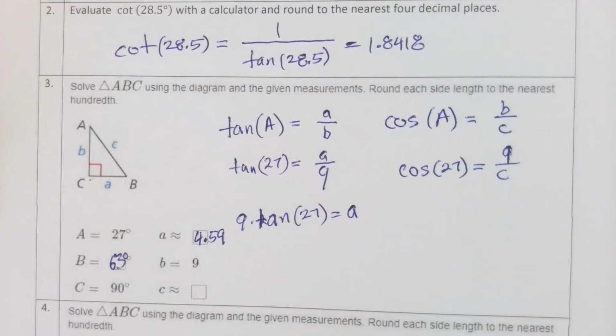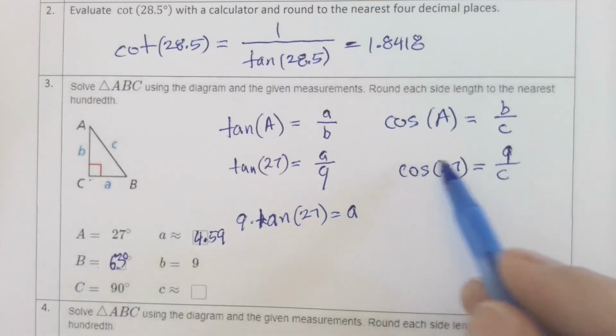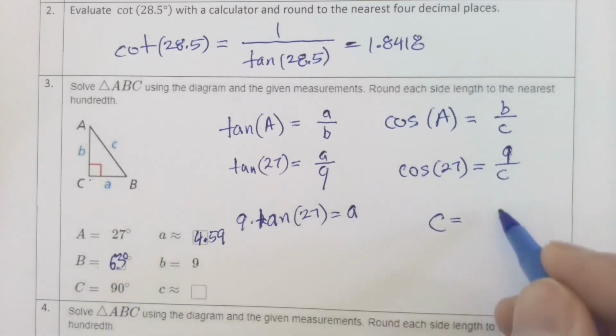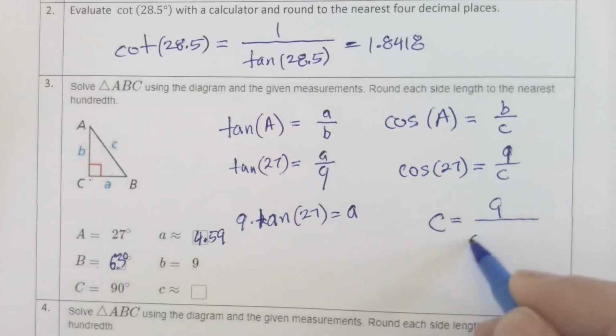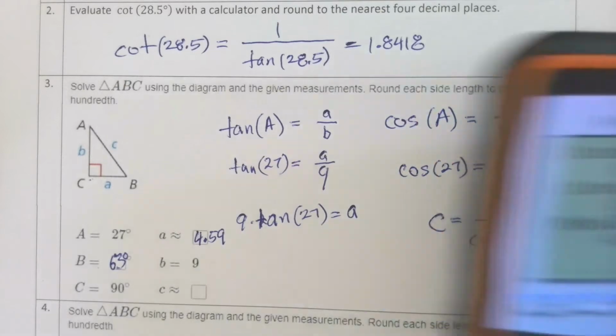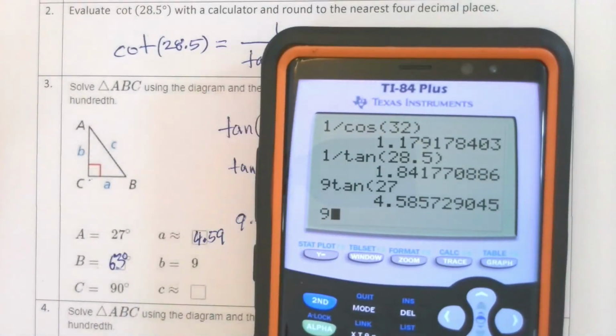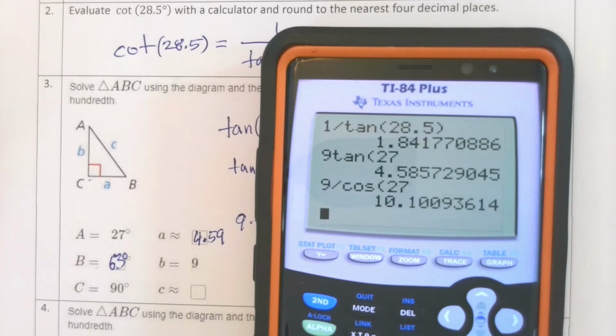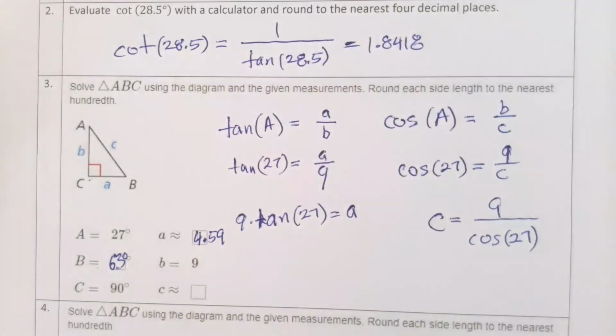Now, when I have a variable down here equal to some trig value, the best way I know to finish this problem is to trade places with these two. Then you get c equals 9 over cosine 27, which is pretty easy to enter into the calculator. 9 over cosine 27 is 10.10 to the nearest hundredth. So c is going to be 10.10.